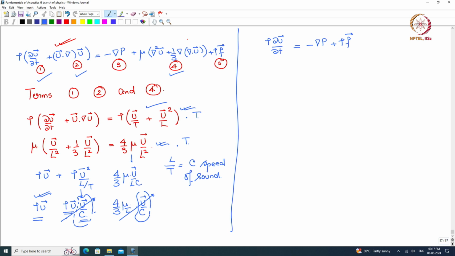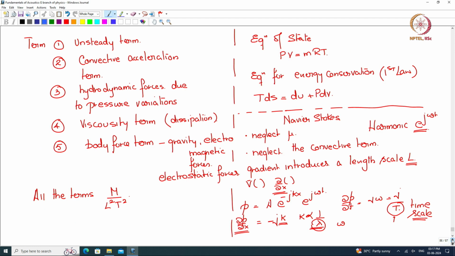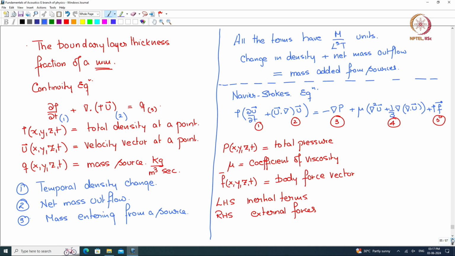Now I have not numbered these equations, so in some manner let me call this number 4. We will call this together as 3, and then I have this as 1 and this as 2.